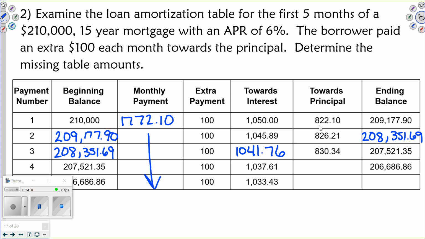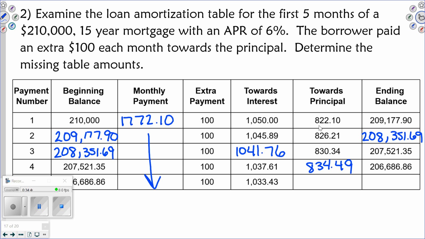All right. So towards principal, for this box here, how do I find this one? Monthly payment, plus, minus. What am I going to do with this? You're going to subtract it, and then also add the extra 100 onto it. So $834.49. All right, and then same idea for the next box.